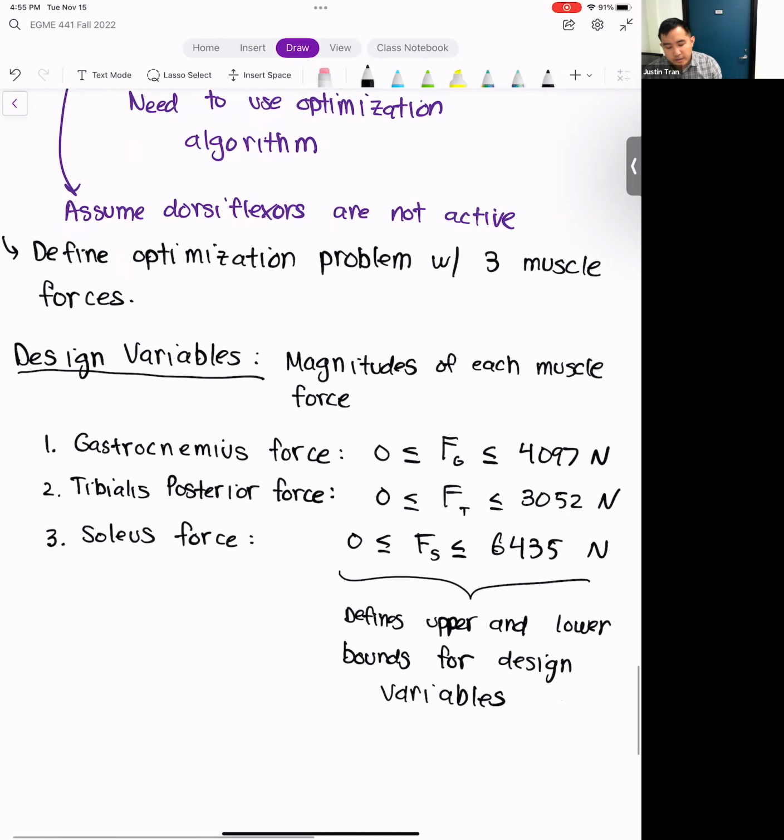And so these define the upper and lower bounds for our design variables. We kind of did two things at once. We defined what our three design variables were, and we defined what their upper and lower bounds were.